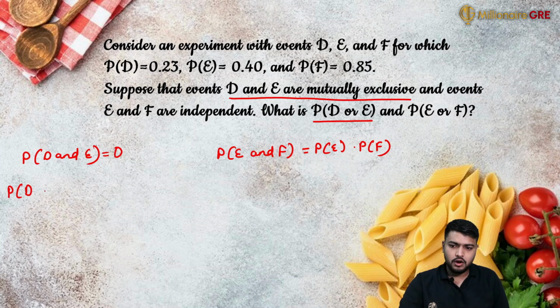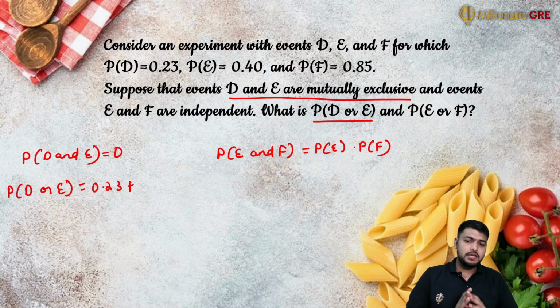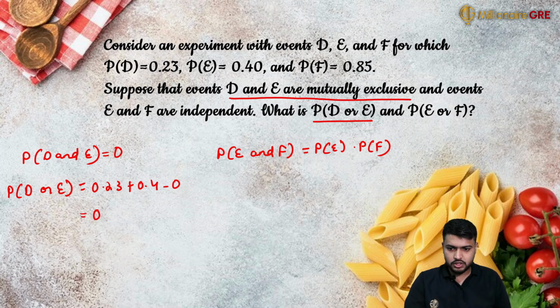P of D or E is equal to P of D, which is 0.23, plus P of E, which is 0.4, minus P of D and E, which is 0. So this is 0.63.